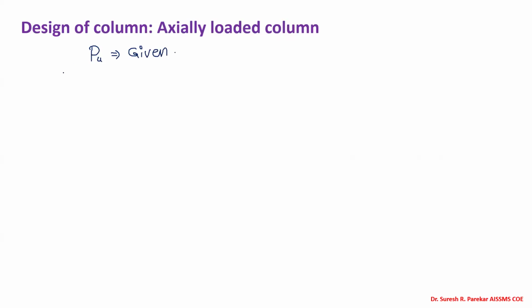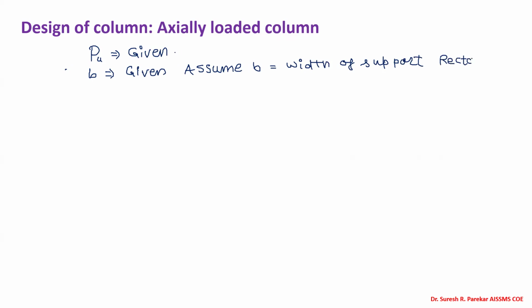Then B will be given, or you have to assume B equal to width of support for rectangular column. For square column, we need not assume any value of B. Then now we know Pu and B.